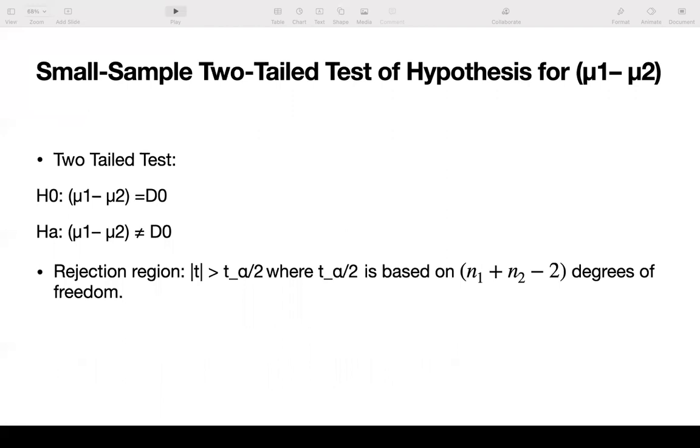Also, we have the two-tailed test, which has the same null hypothesis as in the one-tailed test, and the alternative is that the difference does not equal D0. For the rejection region of the two-tailed test, we have the absolute value of t larger than t alpha divided by 2, where t alpha divided by 2 is based on n1 plus n2 minus 2 degrees of freedom.